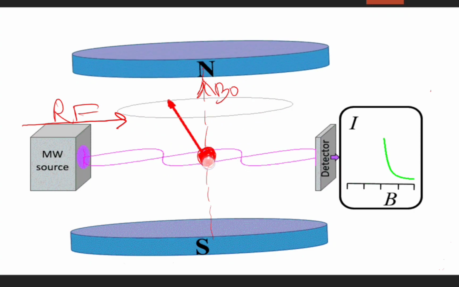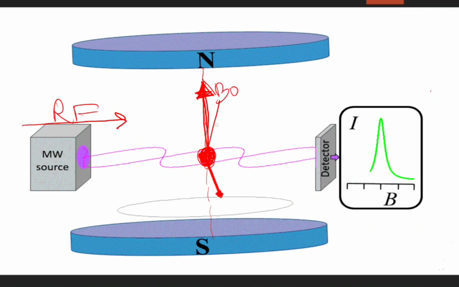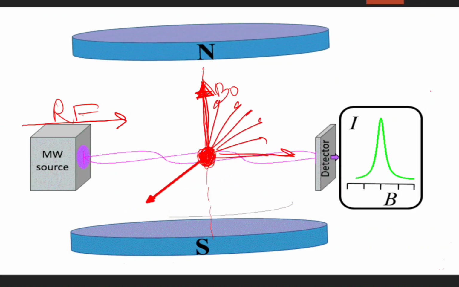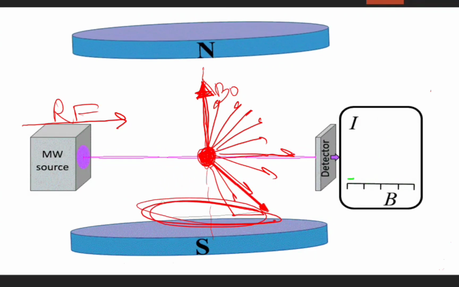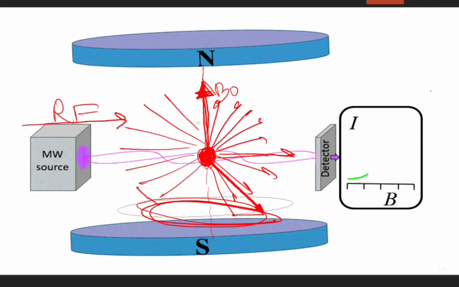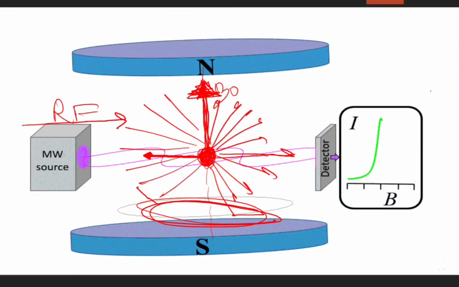From this direction, this atom starts flipping, like this 90-degree flip, going further down and precessing, and then it starts coming back, going back to the home position. Understood?